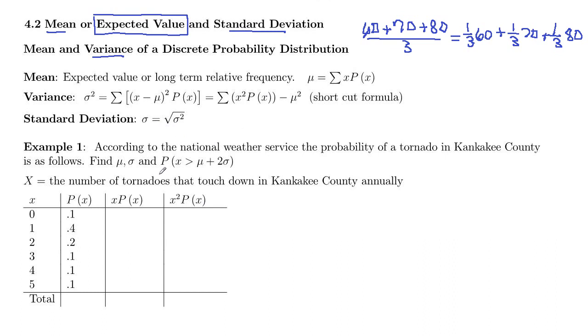So let's look at an example. According to the National Weather Service, the probability of a tornado in Kankakee County is as follows. That's given in this table. We want to find the mean, the standard deviation, and then the probability that our random variable x would be greater than the mean plus 2 standard deviations.